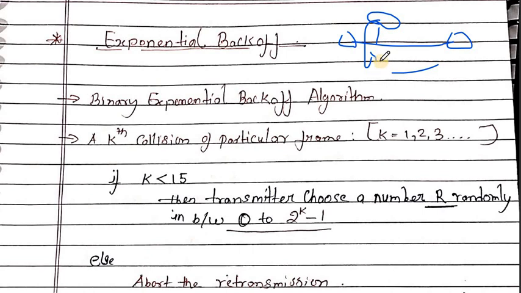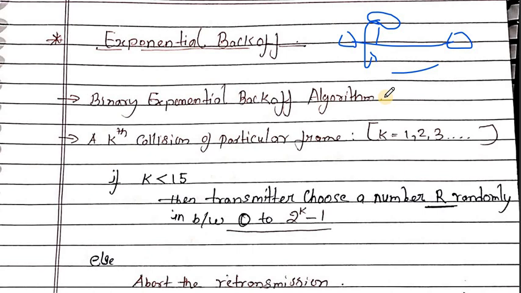There is a random time after the first collision. So the binary exponential back-off algorithm provides the random time at which the transmitter sends the packet again into the channel. If a node sends a packet and it collides, then it retransmits.